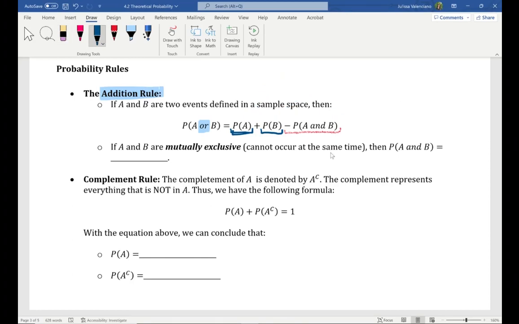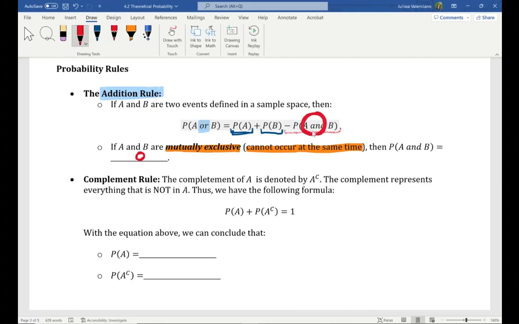Now, another thing that I'm going to mention here is that mutually exclusive events are events that cannot happen at the same time. So if you know that two events cannot happen at the same time, then the probability of A and B is equal to 0. So what's going to happen to our addition rule if we have two mutually exclusive events? Well, we found the P of A and B is equal to 0.